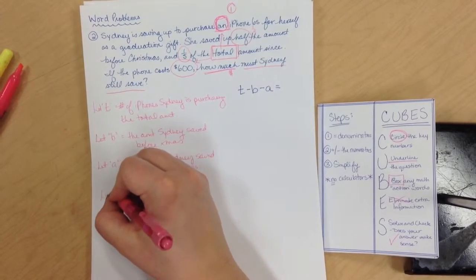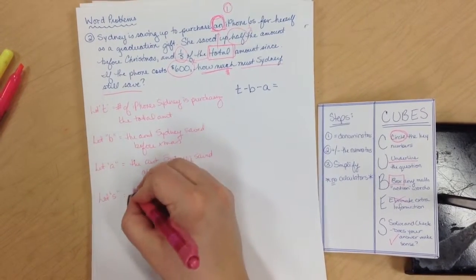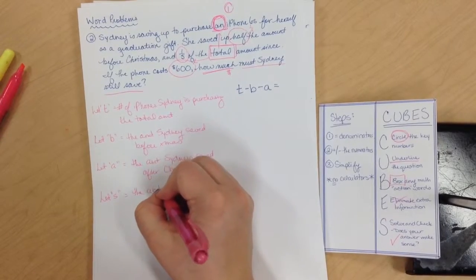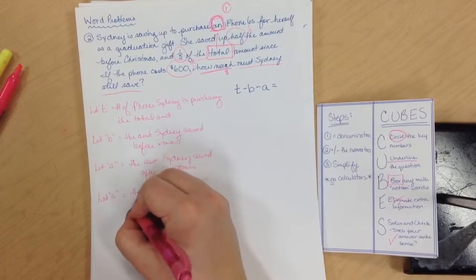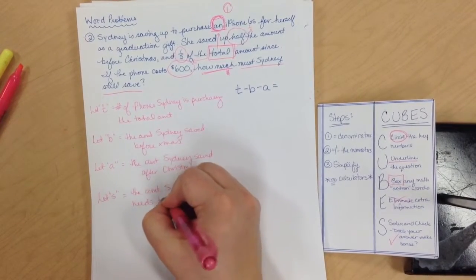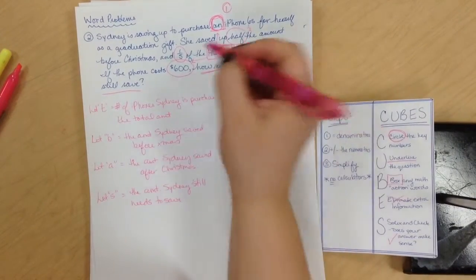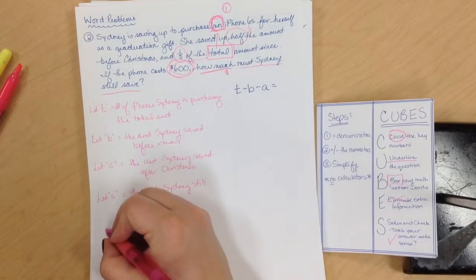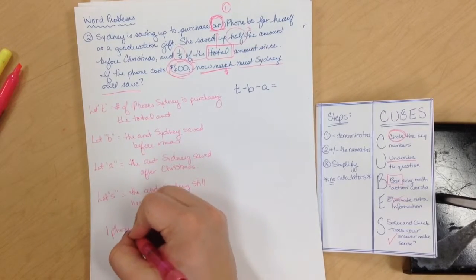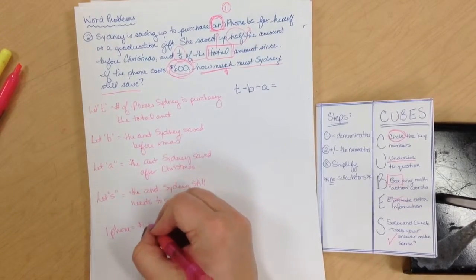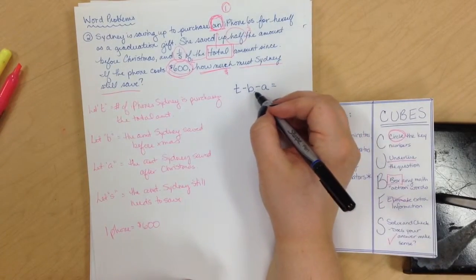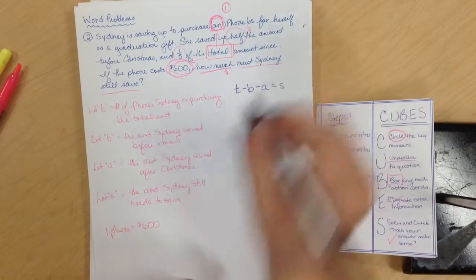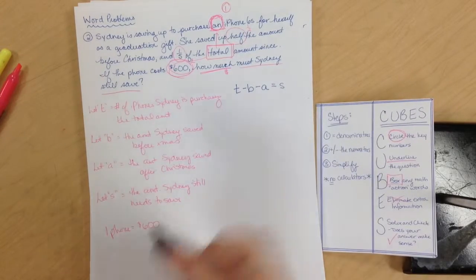So let S represent the amount Sydney still needs to save. And I have this extra information that 1 phone is $600, which I'll use at the end. So I know T subtract B subtract A will give me S, the amount she still needs to save.